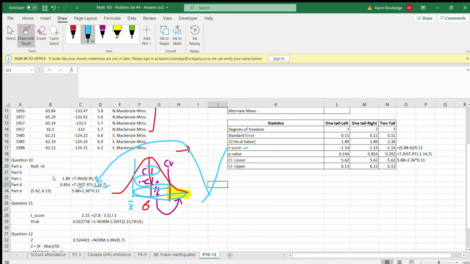So that's good. The third part was the confidence interval, and as mentioned before, we can calculate a confidence interval on a one-sided test. However, the confidence interval calculation is two-sided.